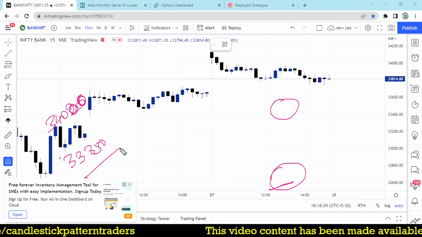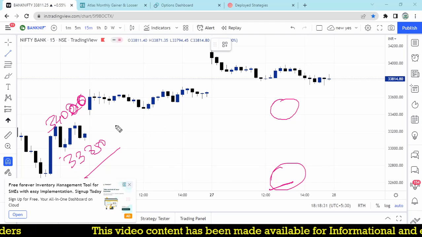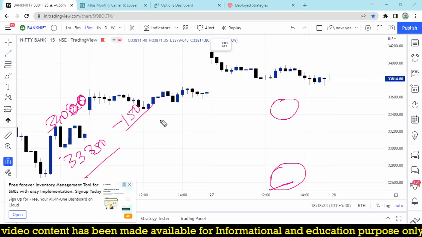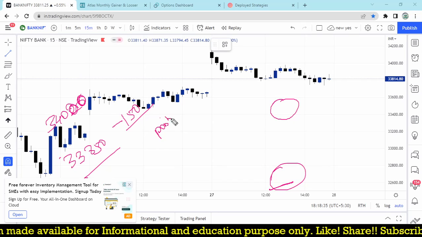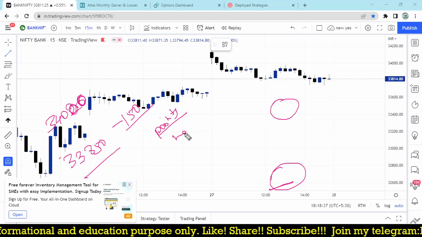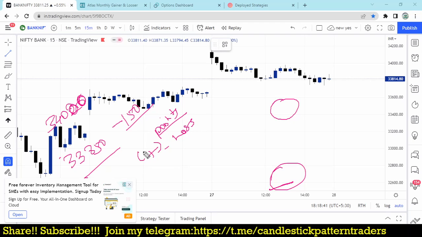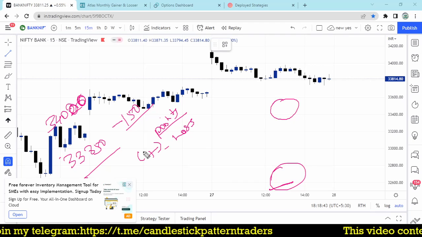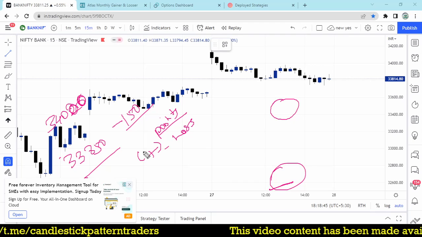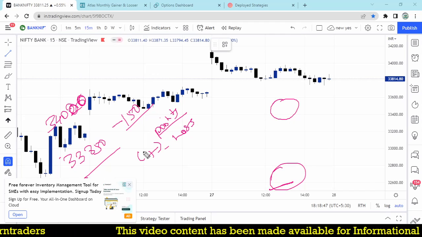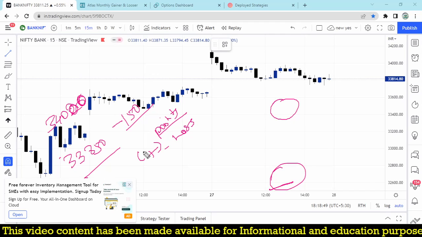It closed at 33,850. That should be a 150 point loss if I buy it. If I bought it, I may be losing 150 points. It's near about 3,750 or 3,500 rupees. You got it?